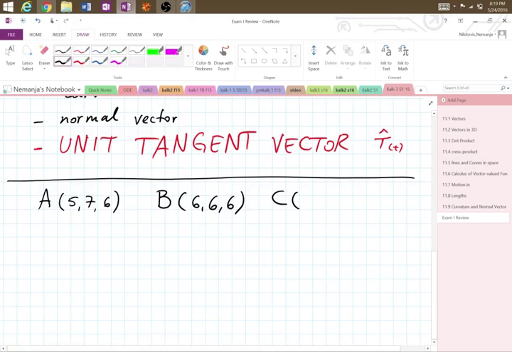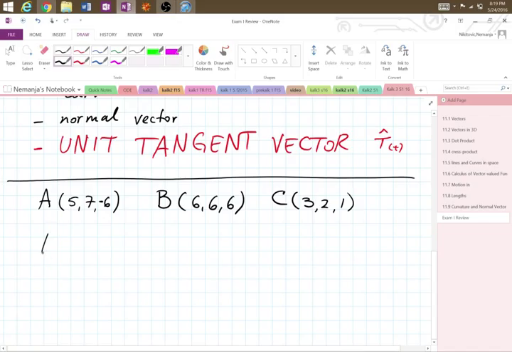And then what else? 3, 2, 1. None of the points are negative, which is very interesting. Let's pick one of these numbers to be negative somewhere. All right, good. Let's go.